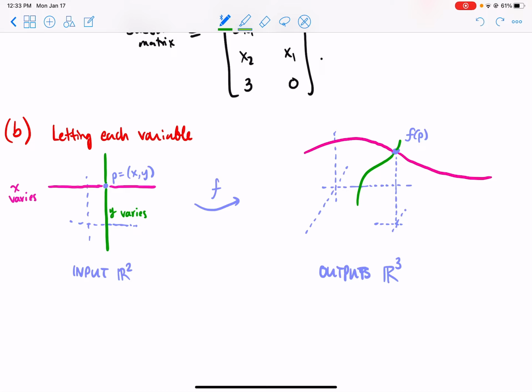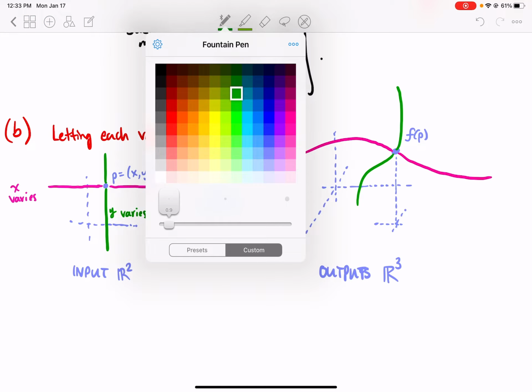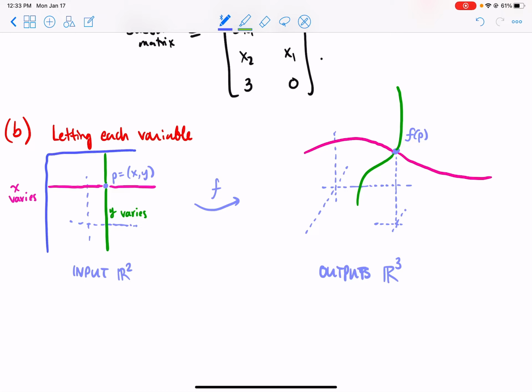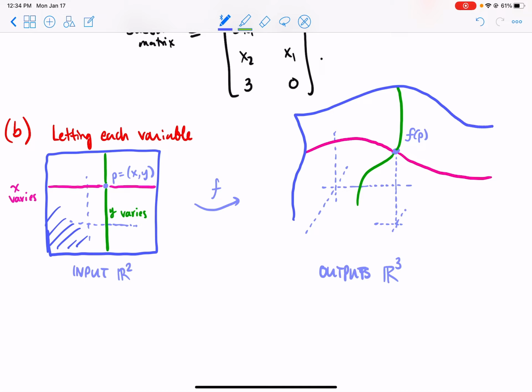I don't know what it does. And so that's like in our head, if we took this whole rectangle, not just these straight lines, but took the whole rectangle and we map it over, it'll become some entire curvy surface inside of R3.